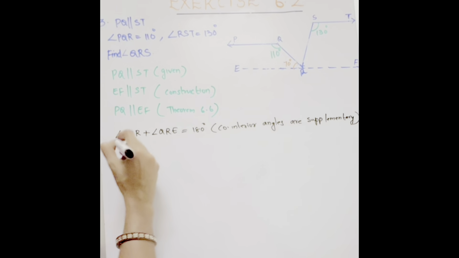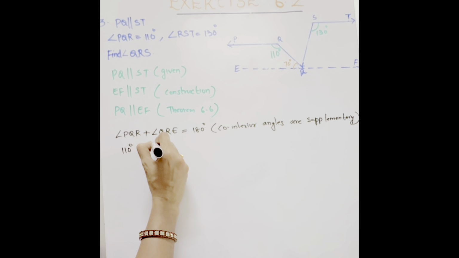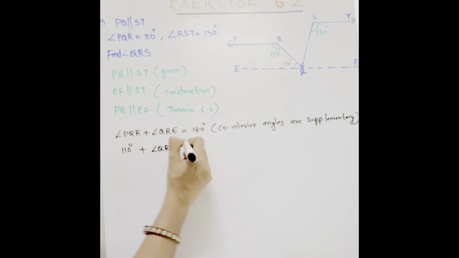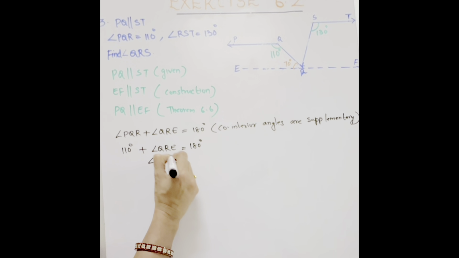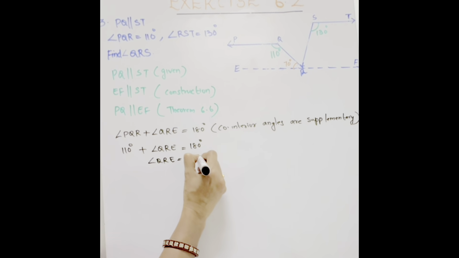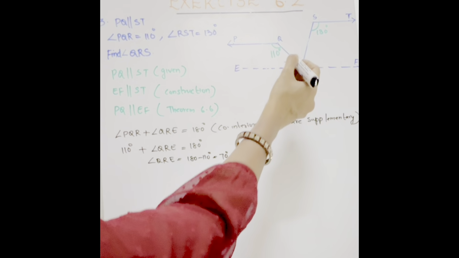So we know PQR, which is 110 degrees, and then QRE is what you have to find out. QRE is what you have to find out: 180. So QRE will be 180 minus 110, which would be 70 degrees. You don't have to write all this if you know directly from the diagram.